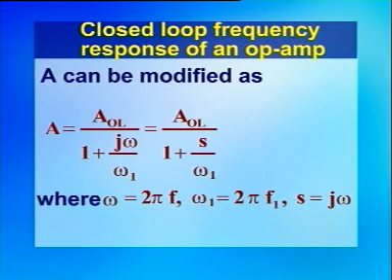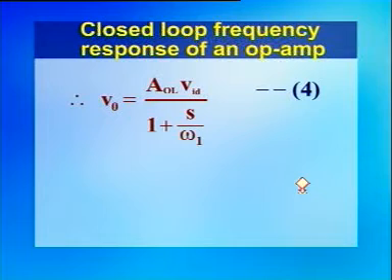A can be modified as A equal to AOL by 1 plus j omega by omega 1, that is equal to AOL by 1 plus s by omega 1, where omega equal to 2 pi f, omega 1 equal to 2 pi f1, s equal to j omega.